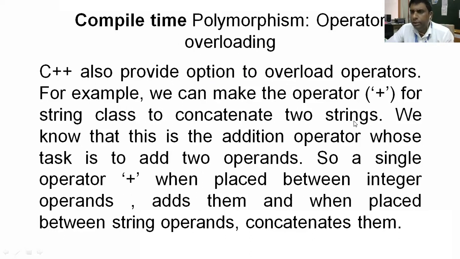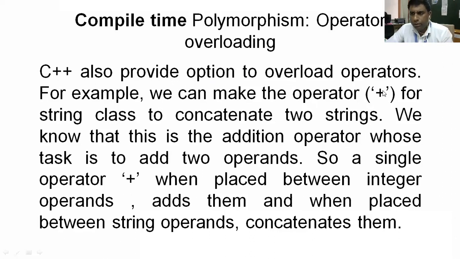We have already discussed in the previous class how we can use the plus operator between characters, strings, or numerical values. When the plus operator comes between two numeric operands, it will add.